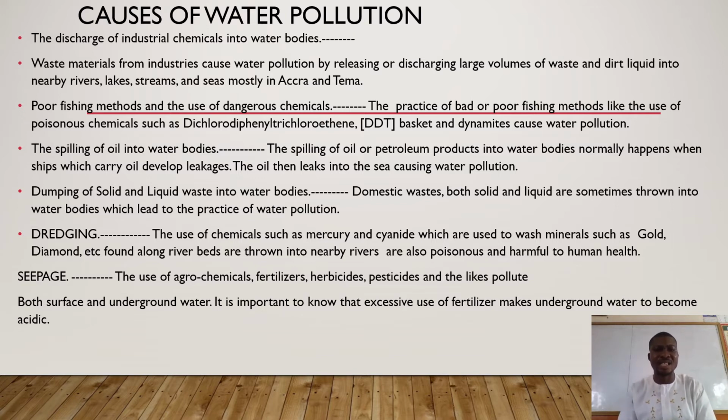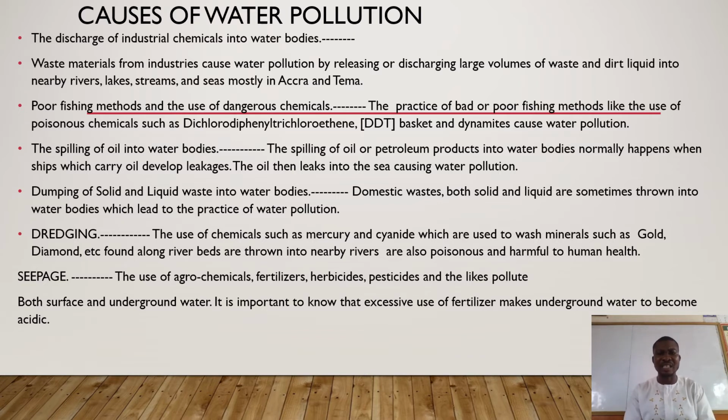These poisonous chemicals are DDT, and the full meaning of DDT is dichloro-diphenyl-trichloroethane. I'm saying it again. One of the poisonous chemicals is dichloro-diphenyl-trichloroethane, and then the second one is dynamite.